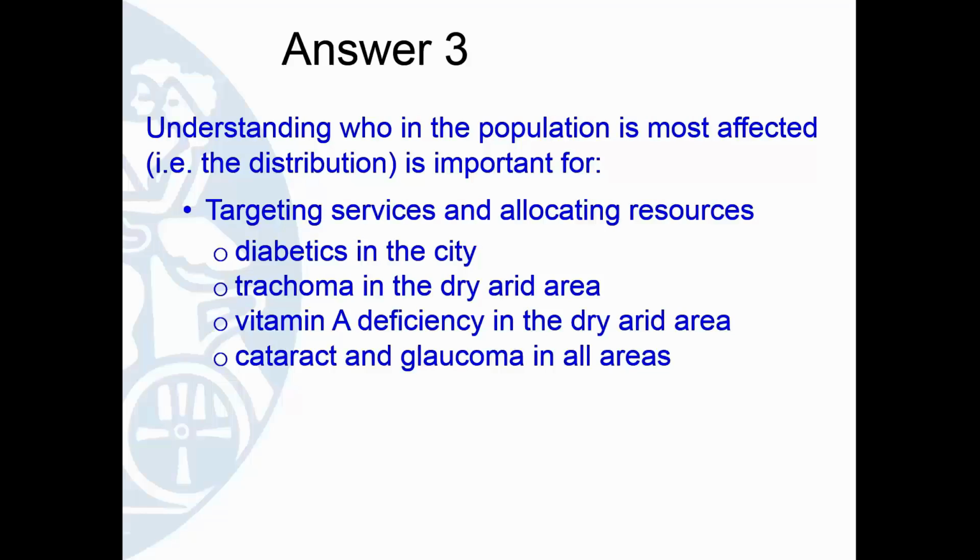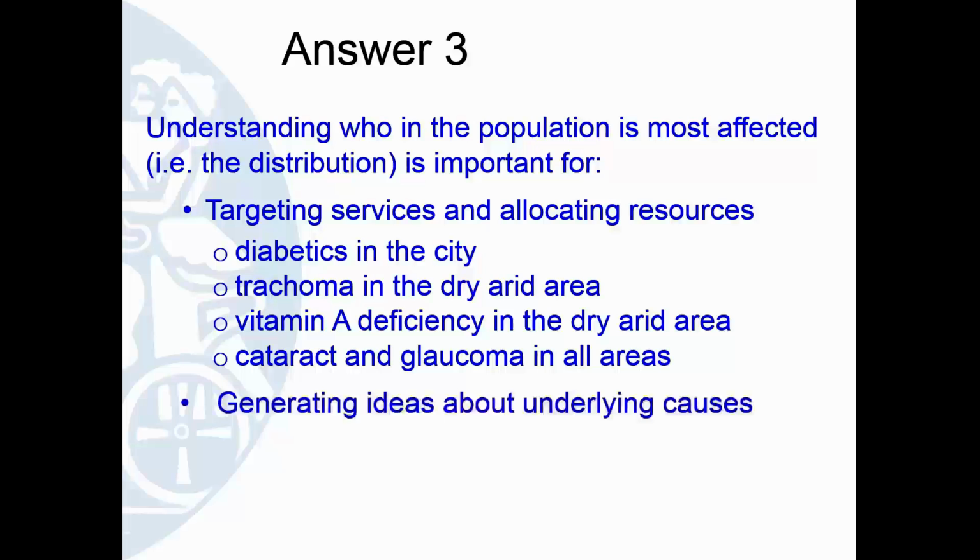Trachoma, the SAFE strategy, would need to be rolled out in the arid area, as would vitamin A deficiency for children, but you need services of high quality for glaucoma and cataract to serve the whole population of that whole region. So understanding what is the epidemiological term for this is the distribution of disease in a population is very important for targeting services and for allocating resources.